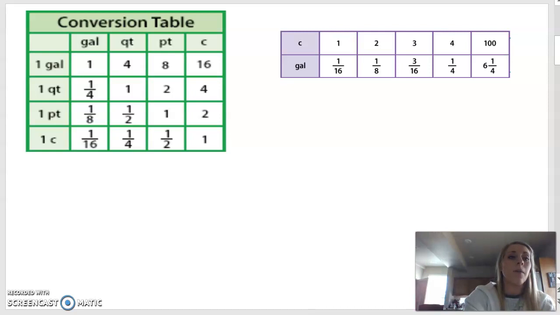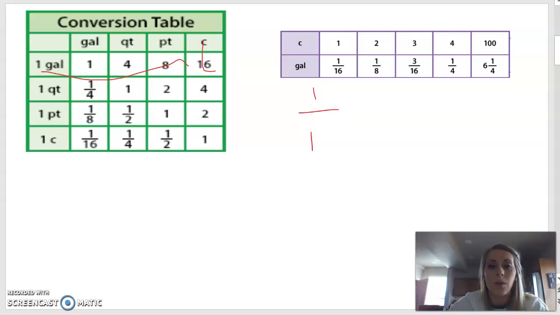I'm going to show you now how they got these answers here. They went to their conversion table, to 1 cup because that was first. Then they pointed and met cup and gallon in the middle, which gave us 16. Since we're dividing, we know it's going to be 1/16.